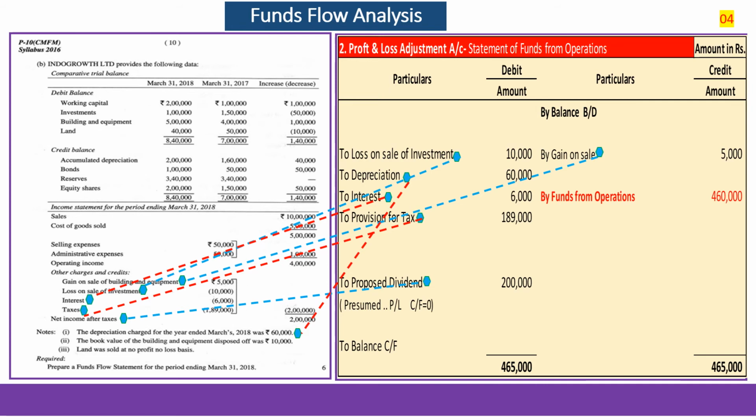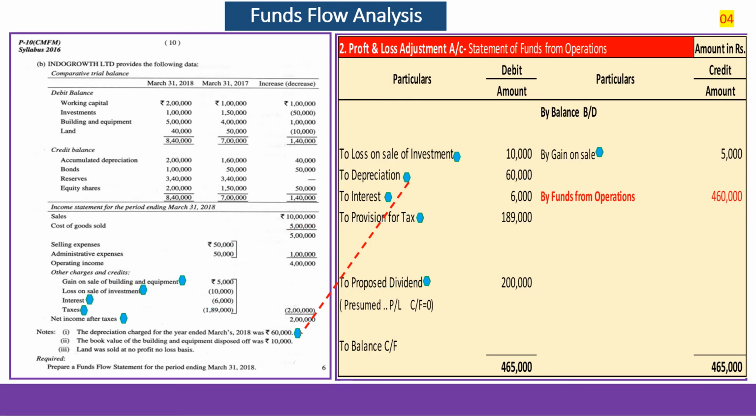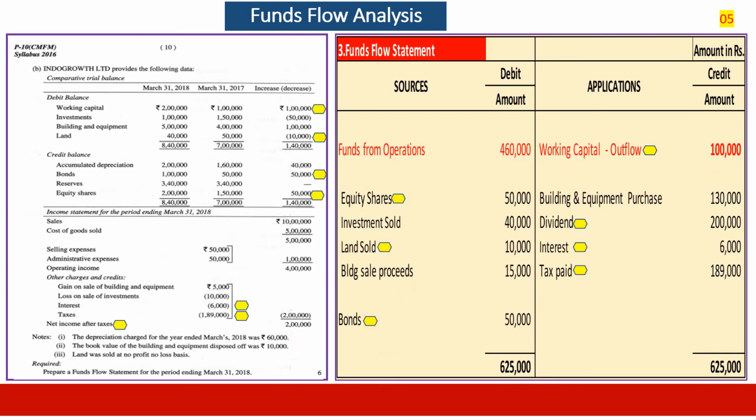Then we also post the depreciation amount of 60,000, and with this we have derived funds from operations of 4,60,000. This is the amount. That takes us to the third statement, the funds flow statement.